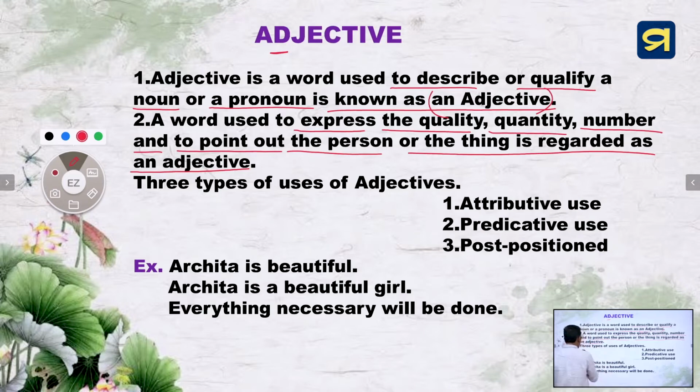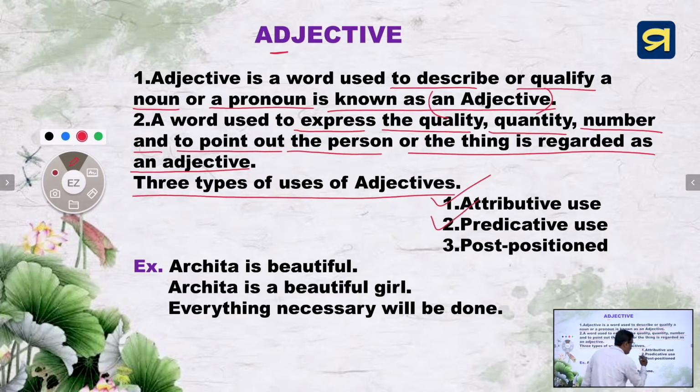3 types of use of adjectives. While we use adjectives, adjectives are used in 3 places. Number 1 is attributive. Number 2 is predicative. Number 3 is postposition. When adjective is used before noun, it is called attributive.